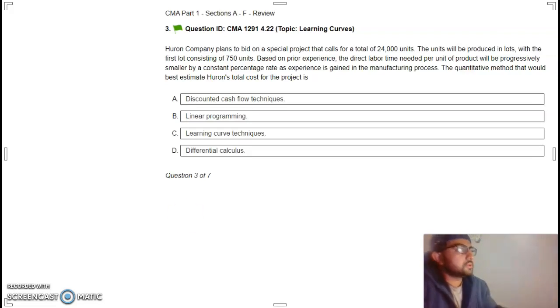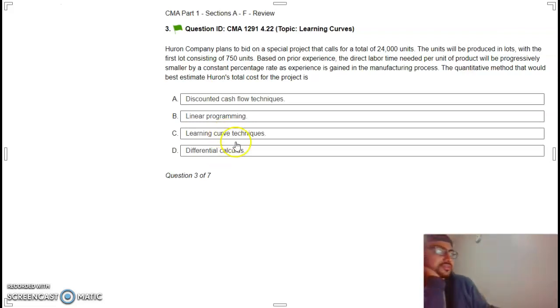Discounted cash flow techniques, linear programming, which depends on comparing one variable against another, kind of like X and Y. Learning curve techniques, differential calculus. Maybe because of that, the product will be progressively smaller by a constant percentage. Oh, I see.